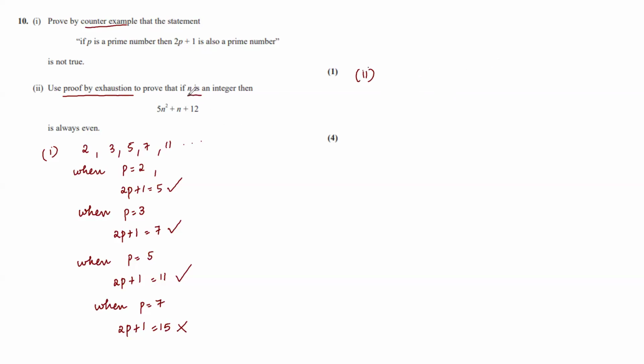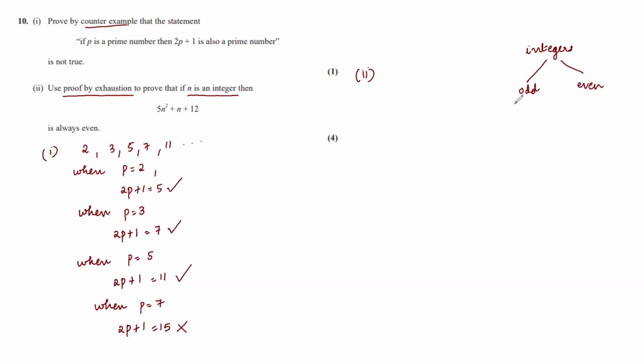Now here we are talking about integers. n is an integer. So these integers can be classified into odd numbers and even numbers. Now we need to show that for all the odd numbers, this condition 5n square plus n plus 12 is even, and for all the even numbers it is also even.